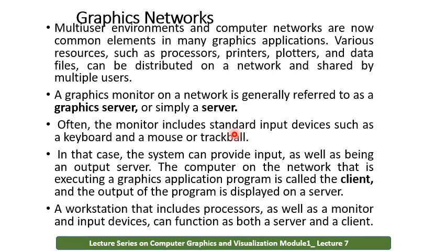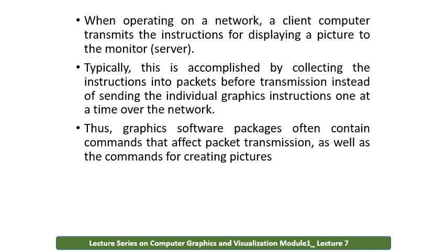A workstation, which includes a processor as well as a monitor and input devices, can function as both server and client. When operating on a network, a client computer sends the instructions for displaying a picture to the monitor, which can be called the server.